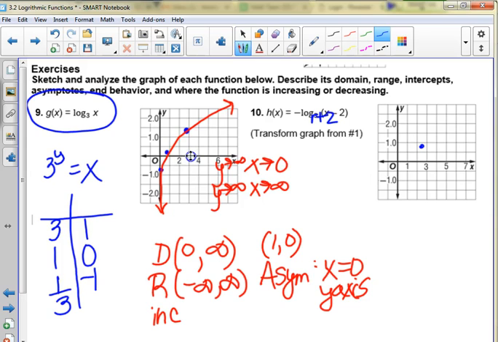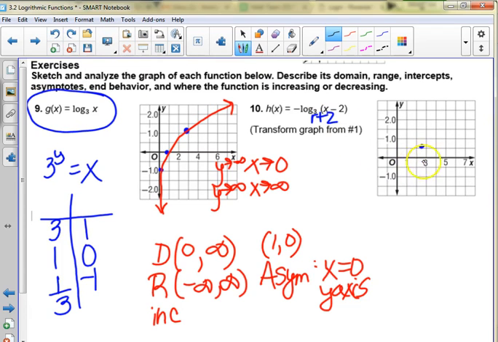This point that was at 3, what was it at? Oh, it was supposed to be at 3, 1. Because it wasn't graphed right the first time, because I can't plot anything today. It was at 3, 1. When I flip it over, it's at 3, -1, and then I slide it 2 to the right. And this one was at 0, 1. It's still at 0, 1, but I slid it 2 to the right. So it should be something like that.